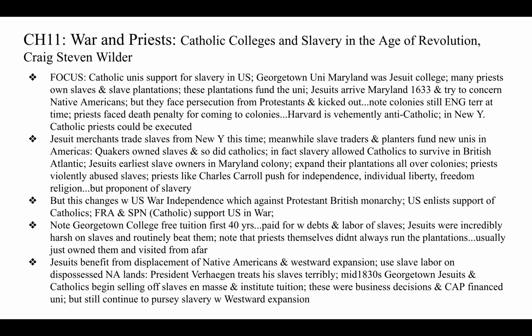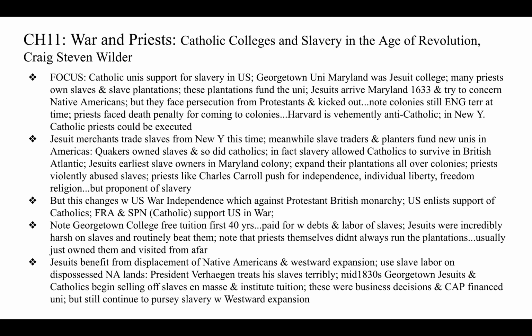But basically, for background here, we have conflict between Catholics and Protestants, which was going on in Europe and especially in England at the time. American colonies at this point were English territories, so Catholics were persecuted in those territories.